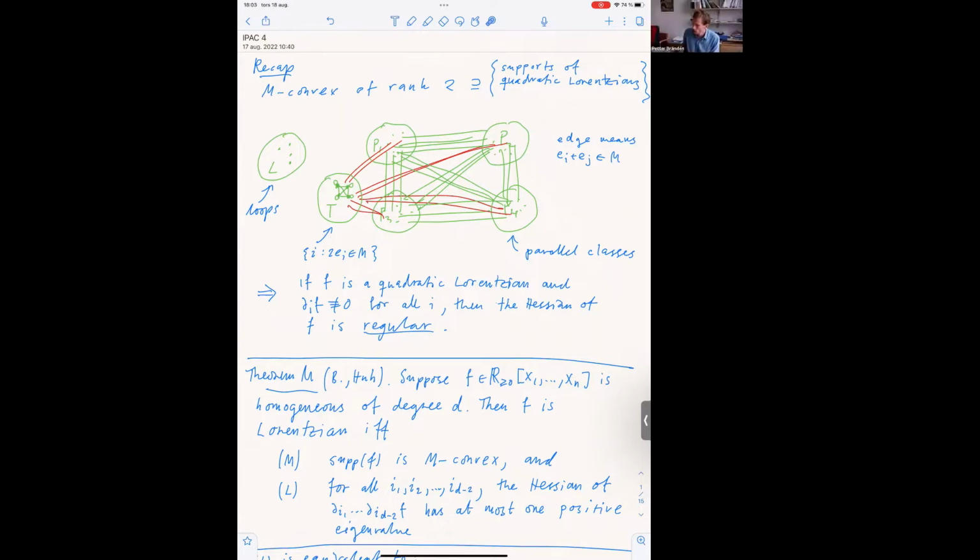So what we can see now is that the supports of quadratic Lorentzian polynomials are the same as those of quadratic stable polynomials. These are stable polynomials, and we proved that stable polynomials have M-convex support. From this we can deduce something about the regularity of the matrix.